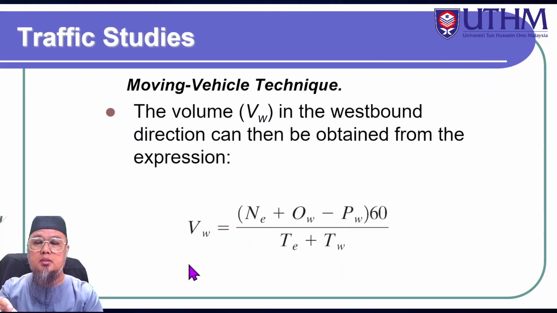Now they put these together to get the volume for the westbound and eastbound directions. For the volume in the westbound direction, they put all the parameters: NE, the opposite lane count, OW, the overtaking vehicles of the test car, and the passing vehicles of the test car, multiplied by 60 to convert minutes into hours, divided by the travel time at eastbound plus the travel time at westbound. So now we get the volume for westbound.